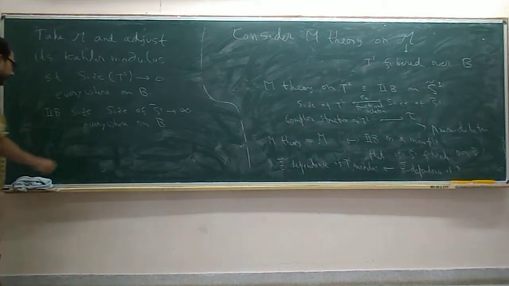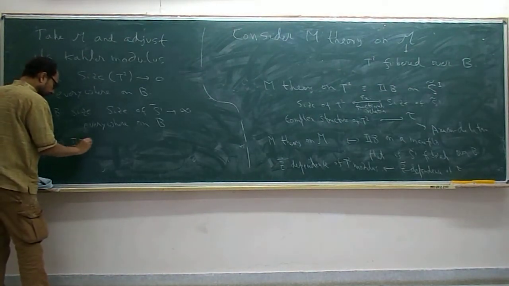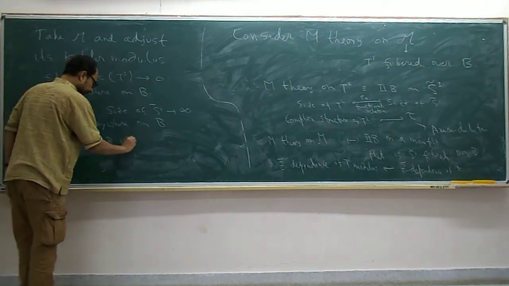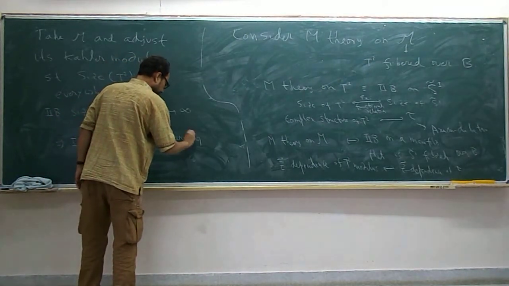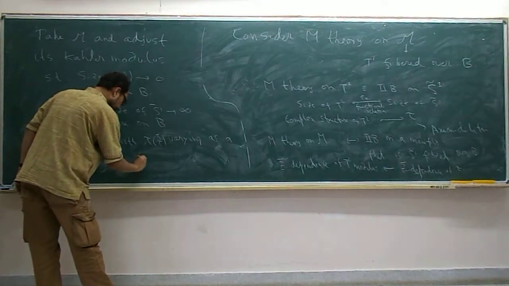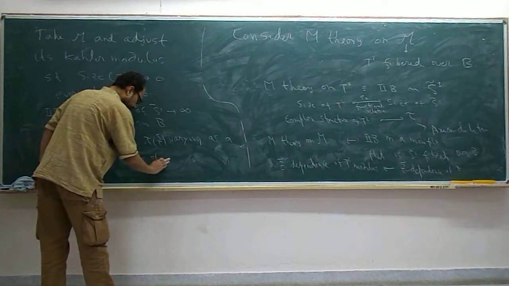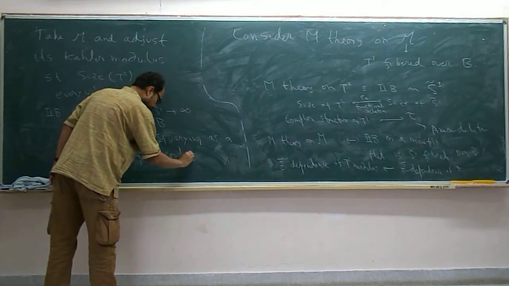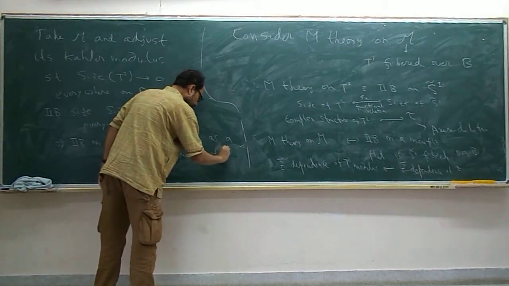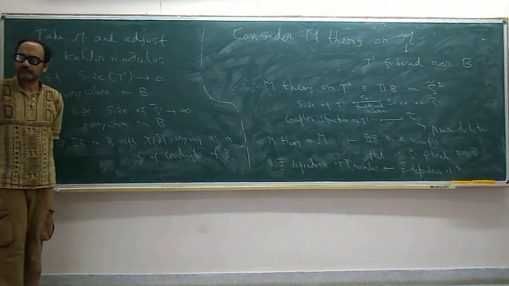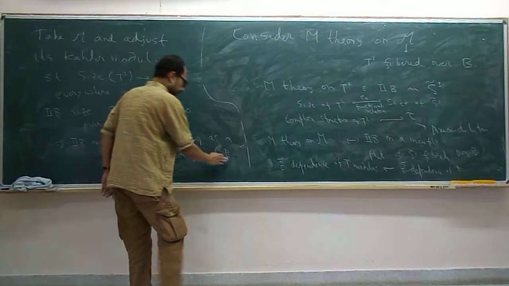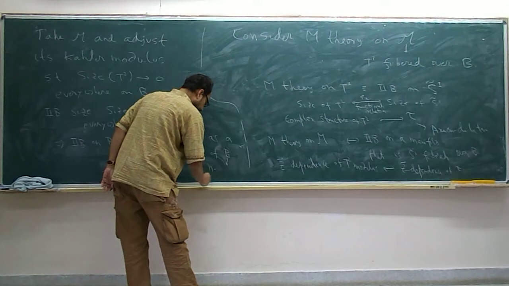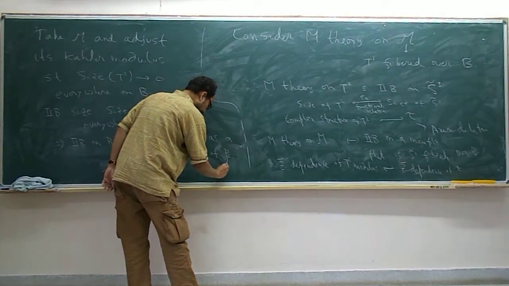And what you end up with is a 2b on B with tau varying as a function of the coordinates of B. So this is a compactification in n minus 1 complex dimensions.